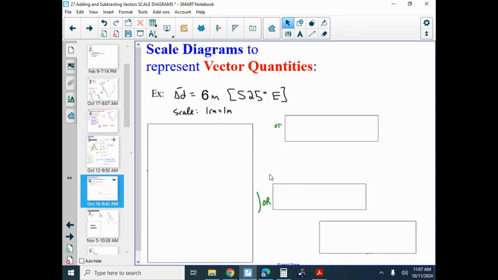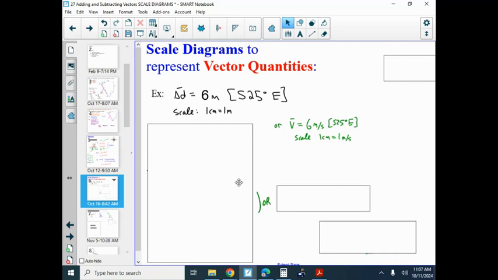So using that, we can draw scale diagrams of things. If you had a scale diagram where you're letting 1 centimeter represent 1 meter, or it could have been meters per second, so 1 centimeter would represent 1 meter per second, or whatever, you can represent any vector quantity with arrows. If you're drawing this, you'd want to draw a 6 centimeter long arrow that is south 25 degrees east.